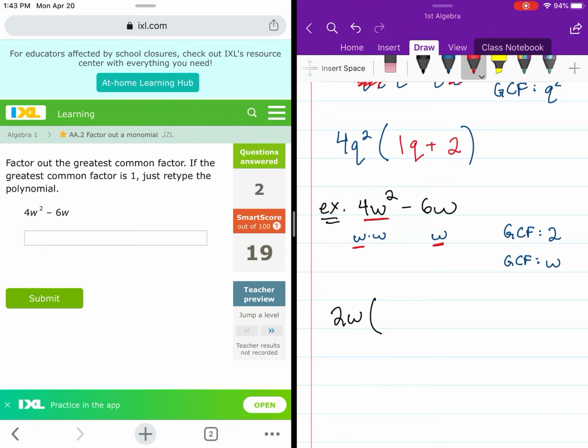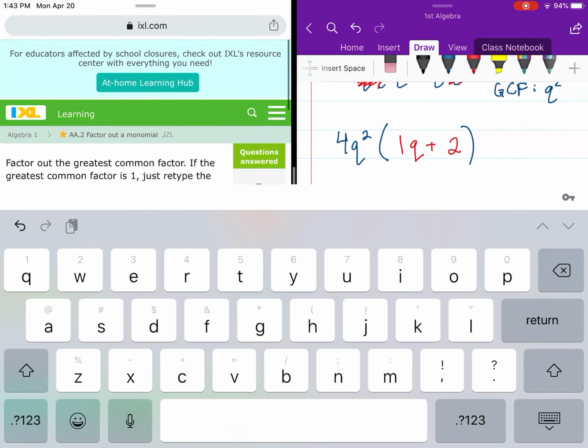Well, I have to take the 4w squared, divide 4 by 2, that's going to be 2. W squared, I took out 1w, so I have just 1 left, minus 6 divided by 2, that's 3. W divided by w, so that 1w I took out, I no longer have it inside, and that completes my expression.